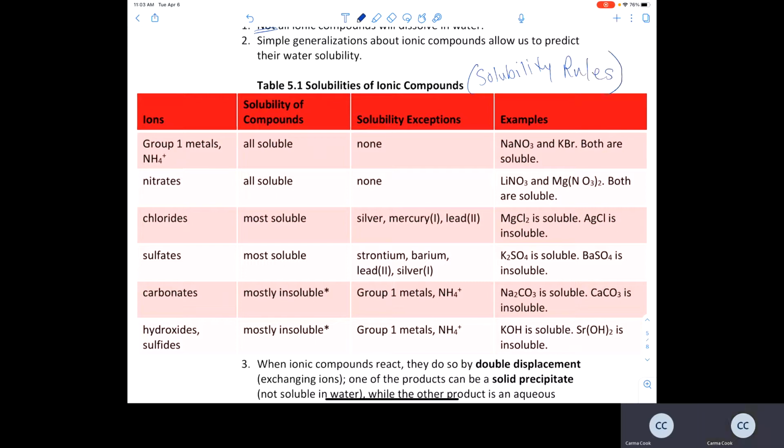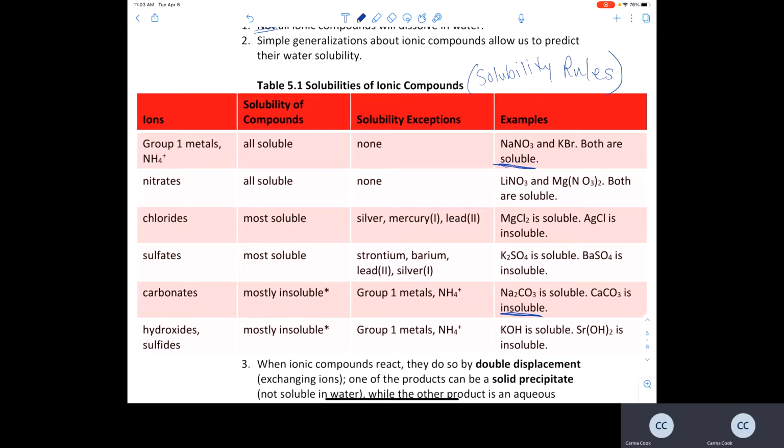This table tells you whether or not a particular ionic compound will be soluble in water. That means it will dissolve in water. Or if it is insoluble, meaning that it will not dissolve. So soluble means yes, the salt will dissolve in water. Insoluble means that it will not.